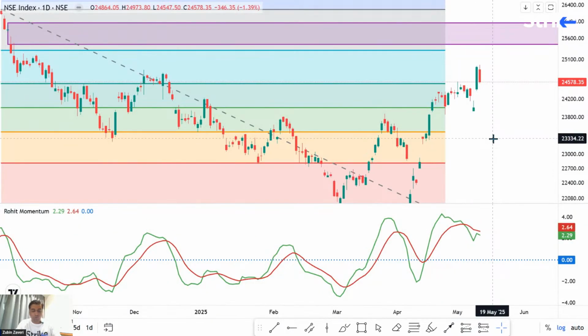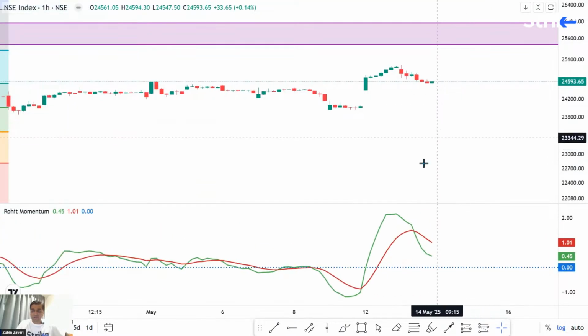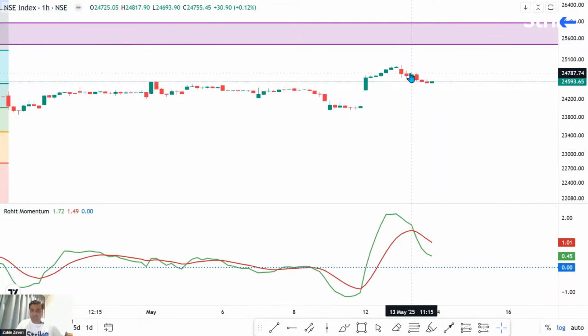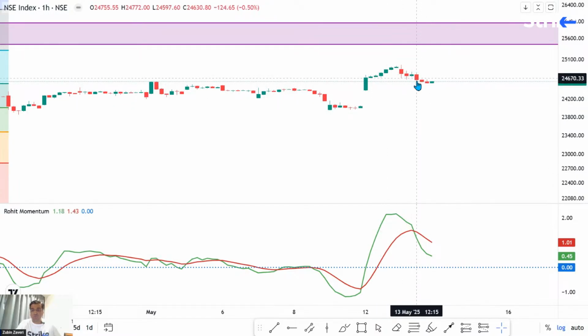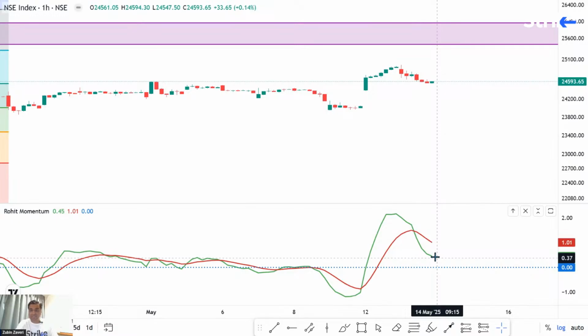So what will you do in an hourly time frame? In an hourly time frame, when the RMI gives a new sell, this is a time where you can go short. Similarly, if you are an intraday trader, you look at the hourly time frame, it is in a sell mode.